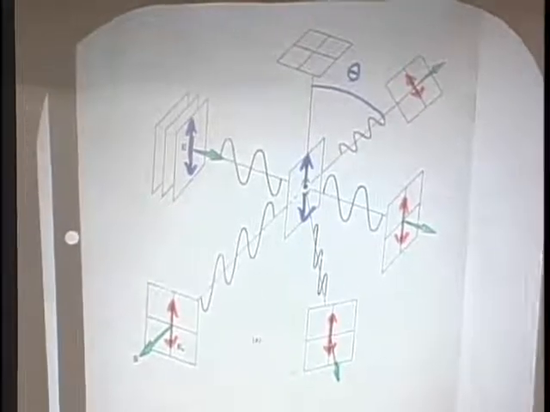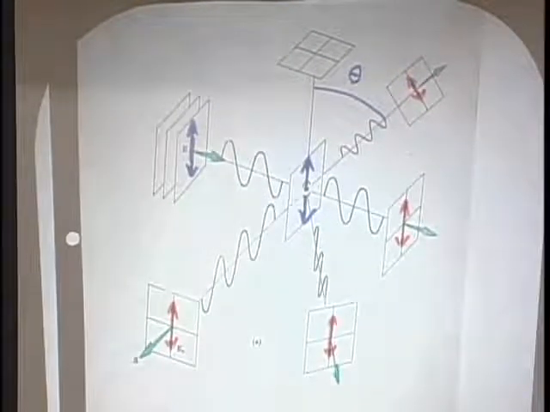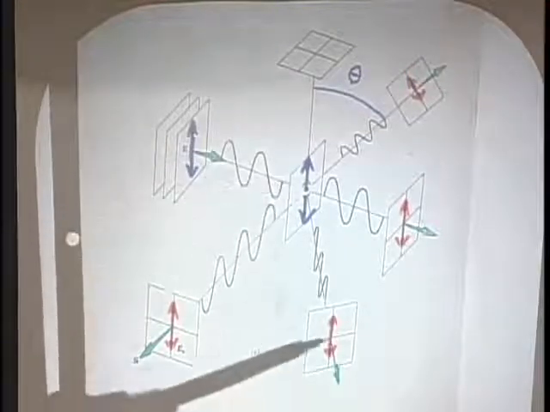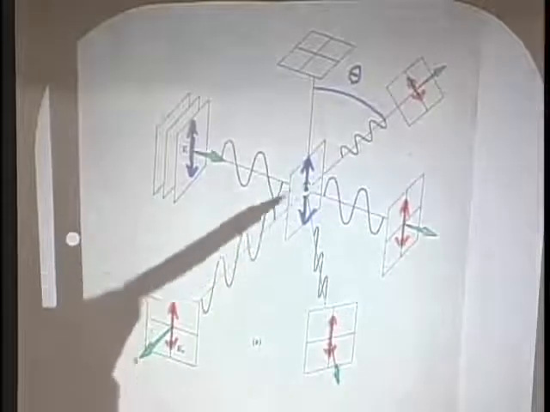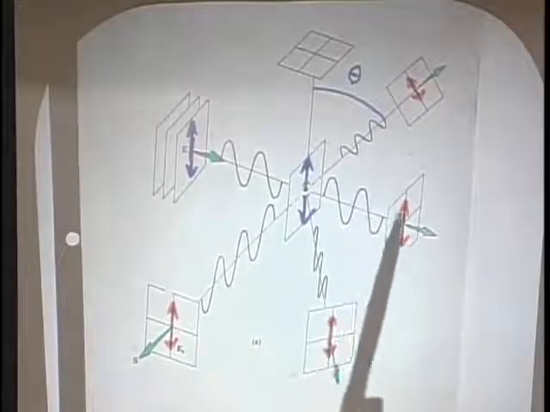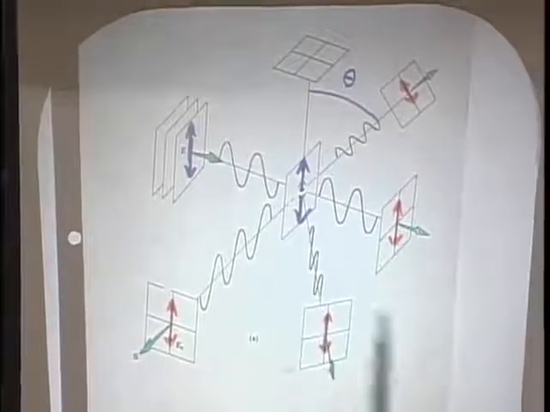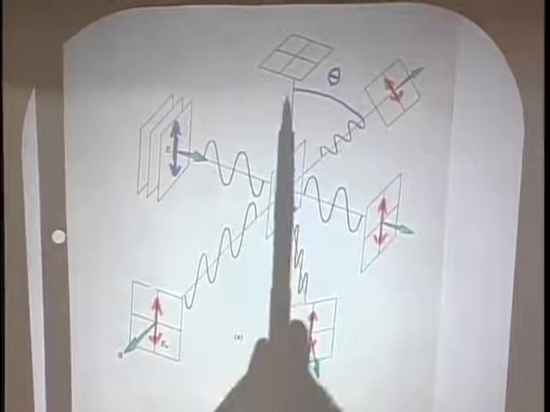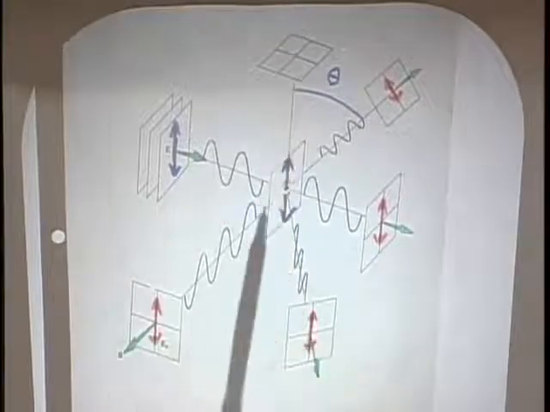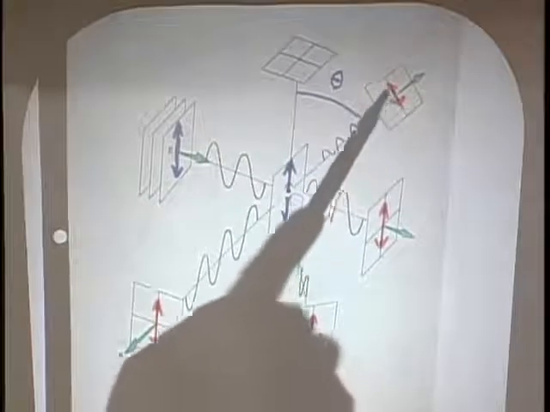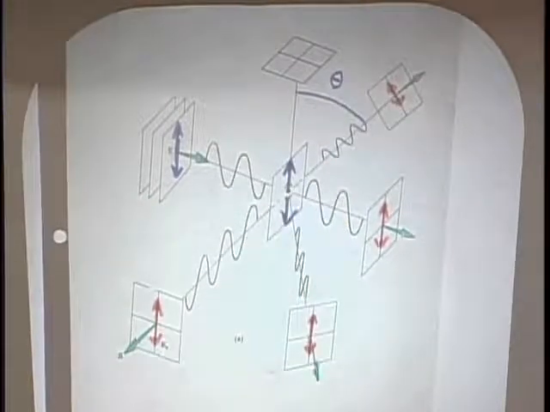These electrons start to shake up and down, and the electric field must be in the plane of R and A. Look very carefully that this electric field is indeed in the plane of R and A, and so this is the direction of oscillation of the E field. In the direction of theta 0, there is no radiation going because the acceleration is like this. And if you go off at a different angle, then the electric vector oscillates perpendicular to its direction of propagation.